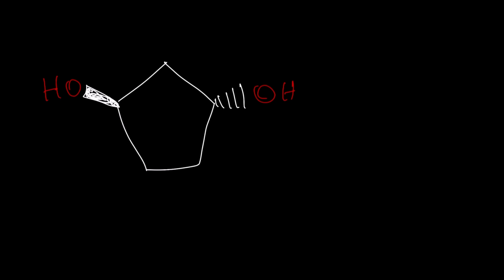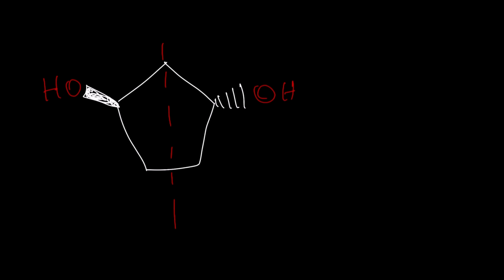Now, if we were to draw a similar ring as to the last one, however, this time put a dash on one alcohol and put a wedge on another alcohol, would this still be a meso compound, or would it no longer be a meso compound? As you can see, both sides of the line of symmetry have the same exact atoms.